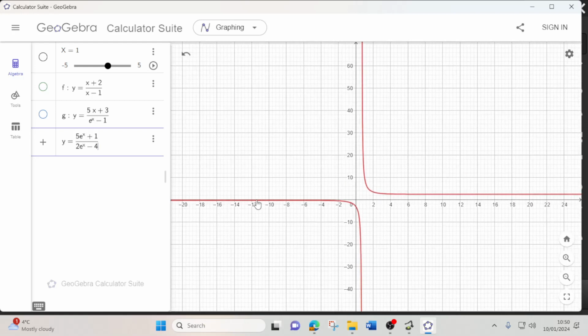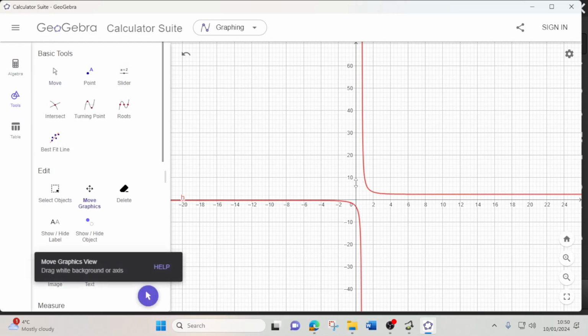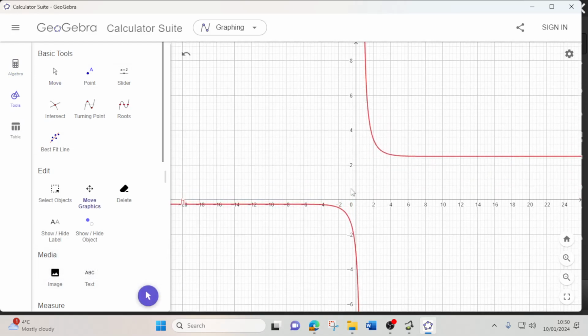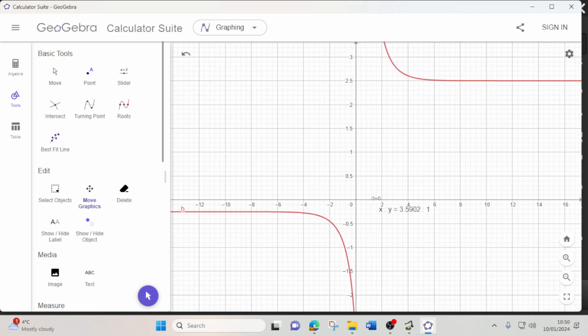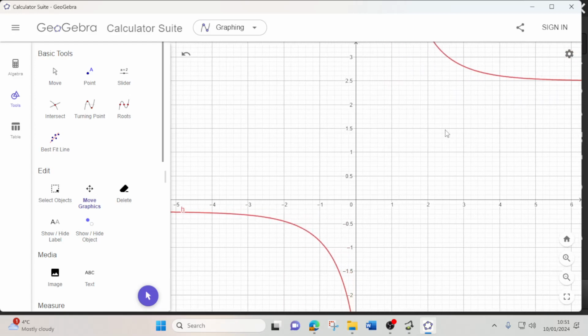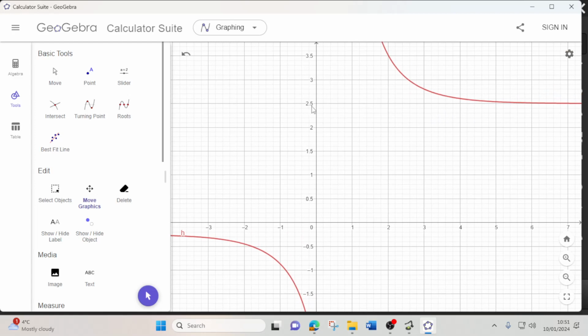Then for y, you get 0 on one side and 5 over 2 on the other, so 2.5. So 5/2 is the asymptote.